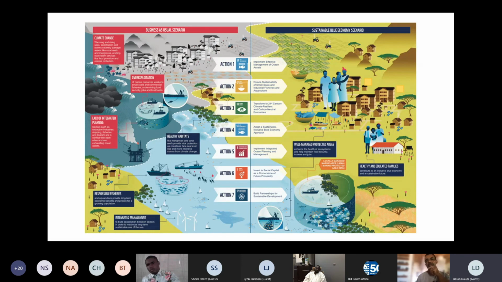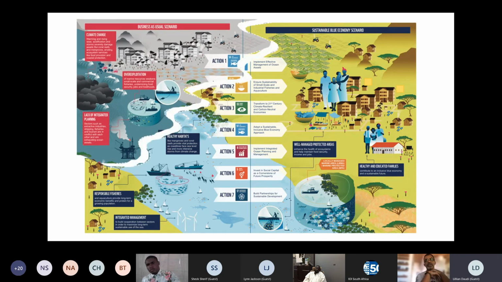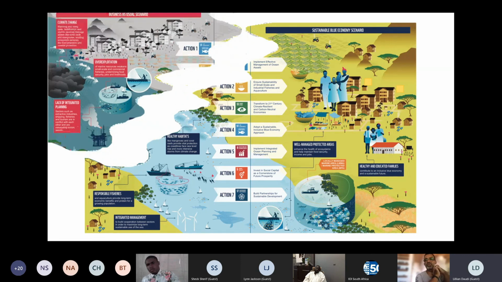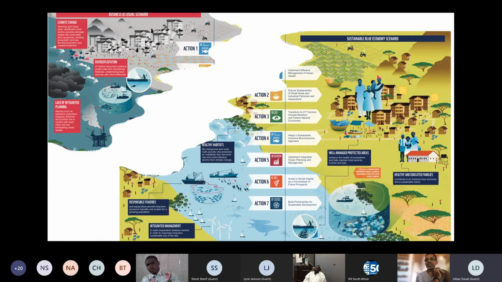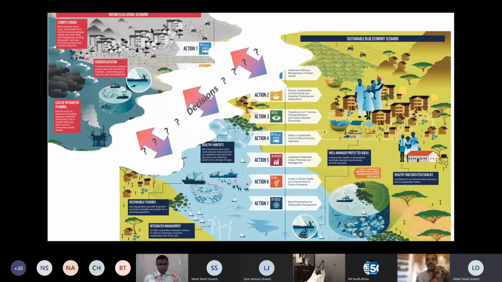So we identified, this is the third infographic, contrasting this business as usual and the sustainable development scenarios. And there's a lot of decisions that have to be made to push us in one direction or the other. Are we going to choose decisions that go to the left, in the red direction, or are we going to make decisions that go in the blue direction?